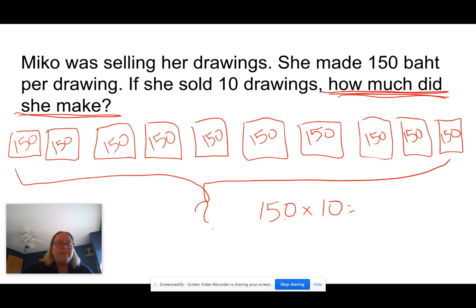Remember, I can go 15 times 1 is 15. Then how many zeros are there? There's 2, so I have to add my 2 zeros. So she made 1,500 baht because we were looking for the total amount. Does that make sense? Let's try another one.